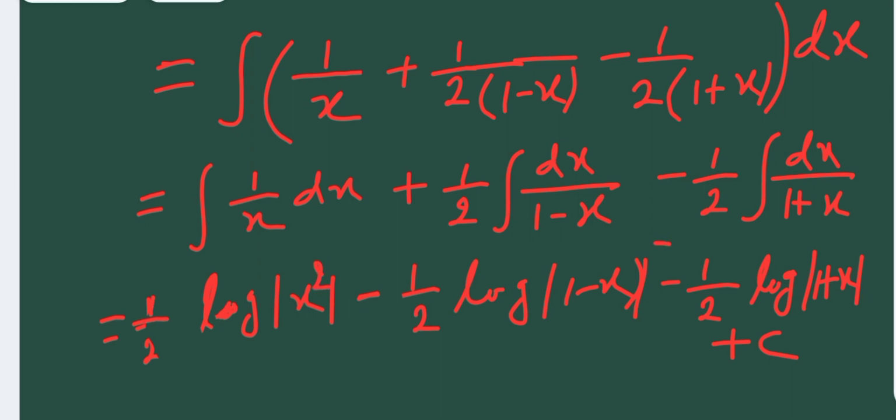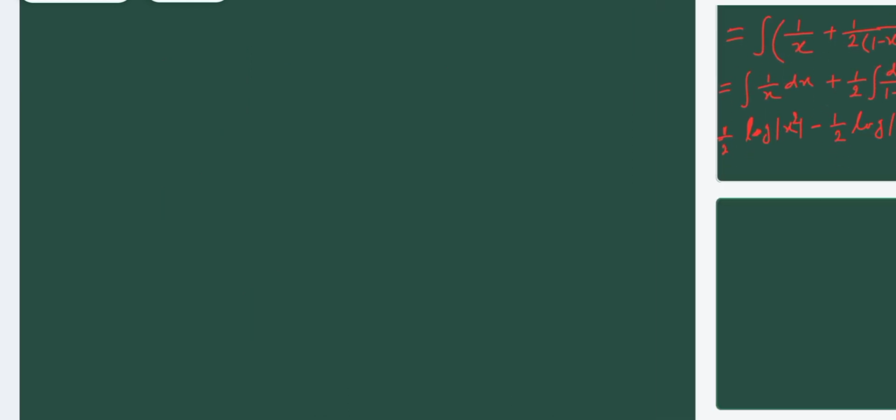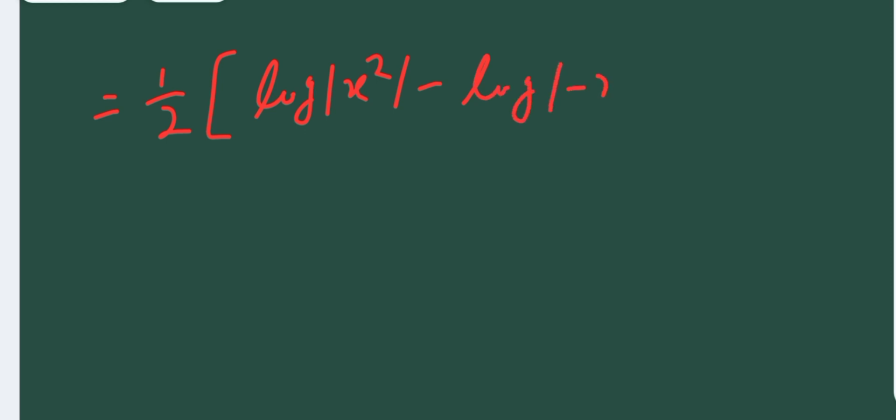And these two terms, if you see, first I will take half common. So if I take half common, this will be something like half, and in the bracket it will be log of mod x square minus log of 1 minus x, and minus log of 1 plus x, bracket plus c.